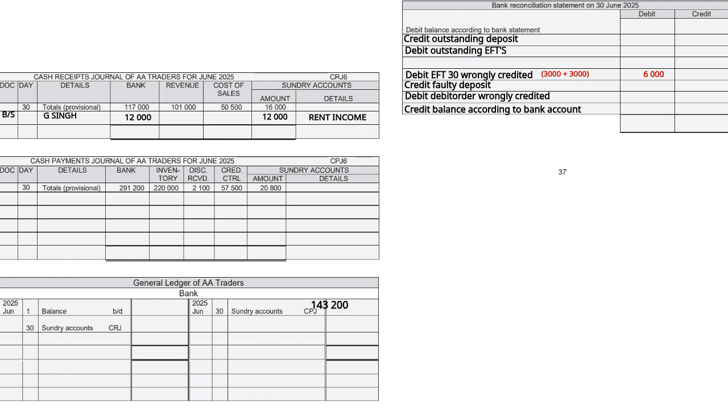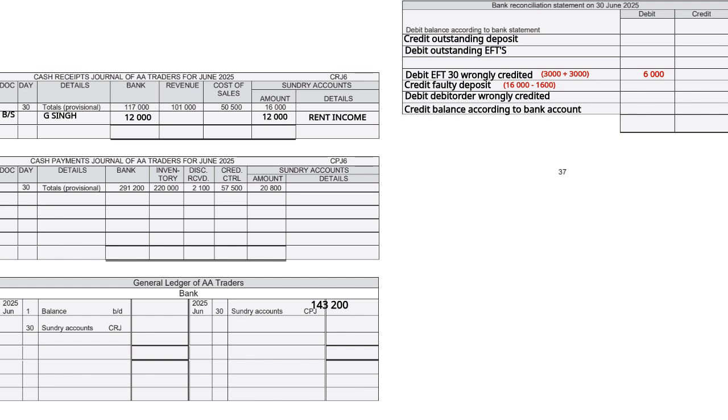So we have to credit our faulty deposit because the error only took place in the bank statement. We are going to fix it in our bank recon statement only. So credit faulty deposit in brackets, you're going to say 16,000 minus 1,600 to give you an answer of 14,400. So let me just show you the calculation in brackets.